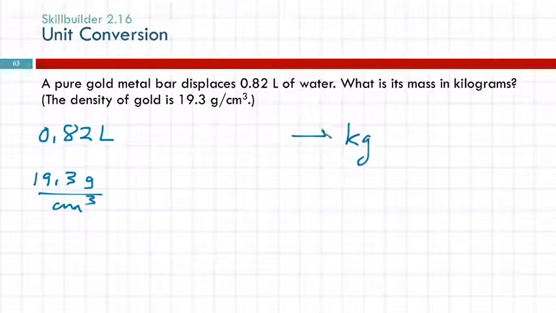So I can work from the back here and say, well, I need to get to grams. Liters, we just don't see much matching up here. It's okay. Keep working from the end. So grams, the density, if I had cubic centimeters, I could use this to get to grams. And now I need to do this.